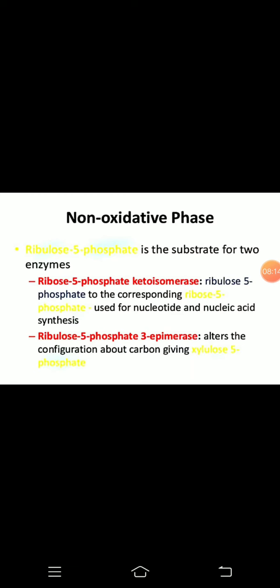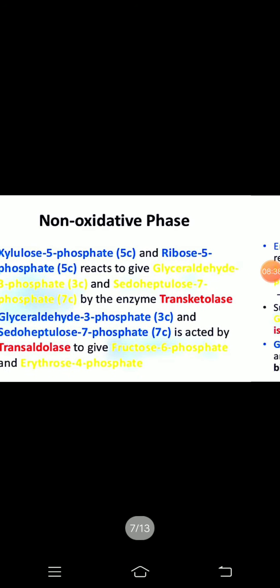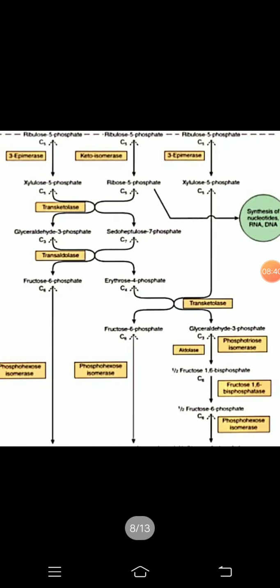Ketoisomerase and the epimerase. If the ketoisomerase acts on the ribulose 5 phosphate, then it produces the ribose 5 phosphate molecule. And if the epimerase acts on this substrate ribulose 5 phosphate, it produces the xylulose 5 phosphate. Okay, we'll see this in the pathway directly.